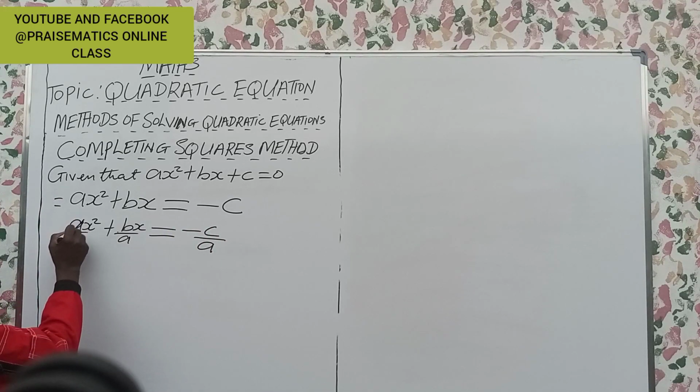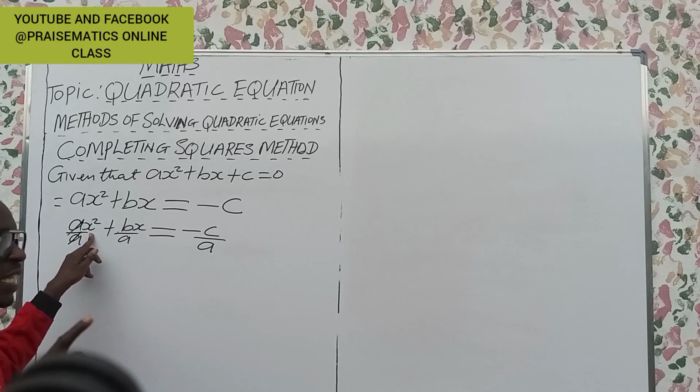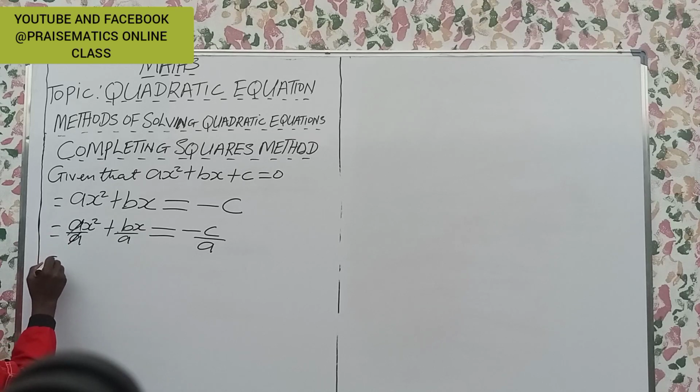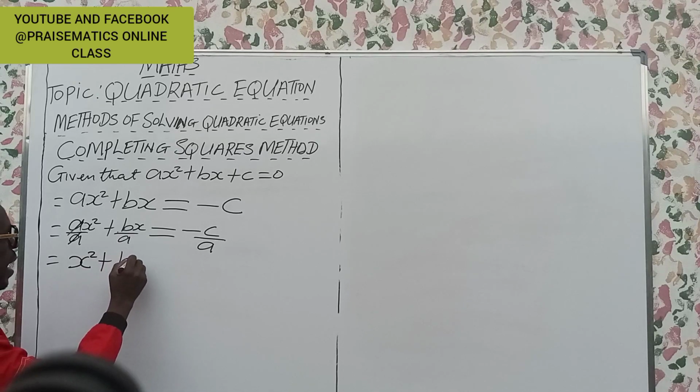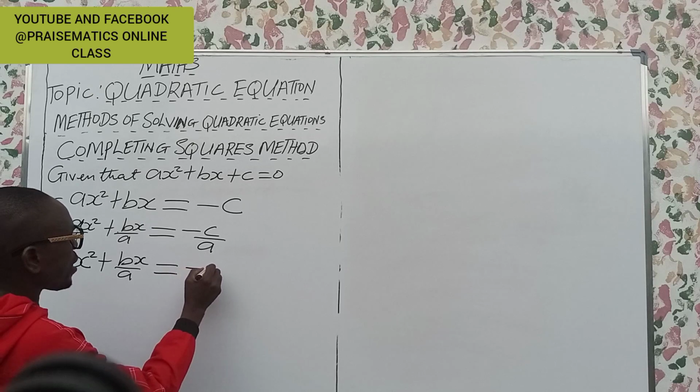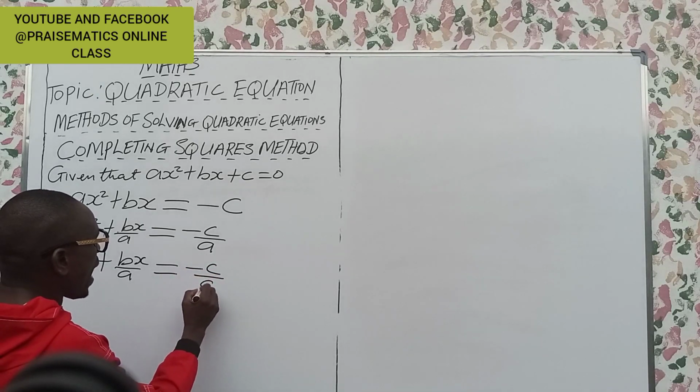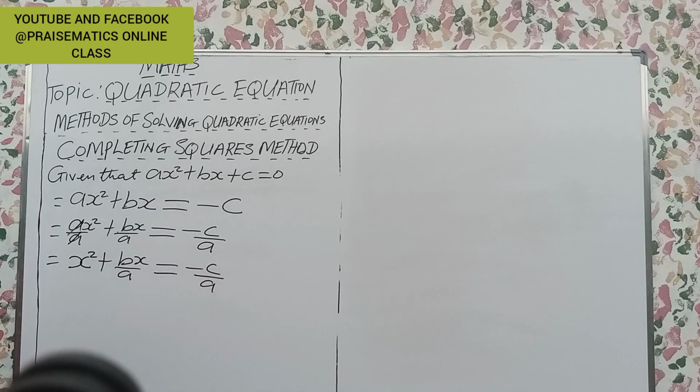Now this a will cancel this, thereby making the coefficient of x squared unity. That is, we have x squared plus bx over a is equal to minus c over a. That is it.